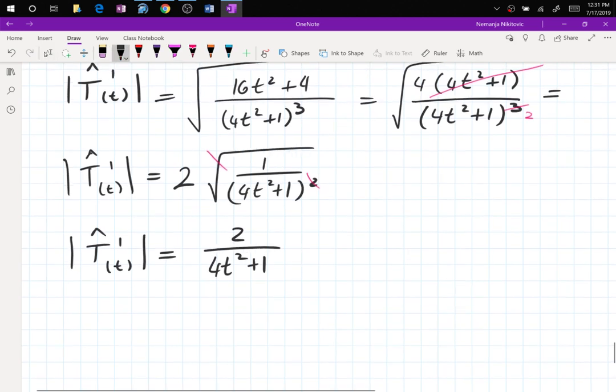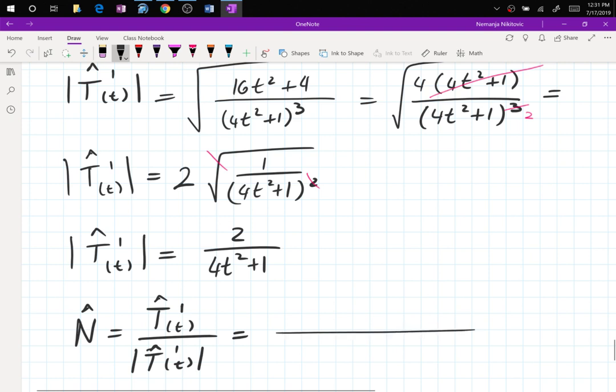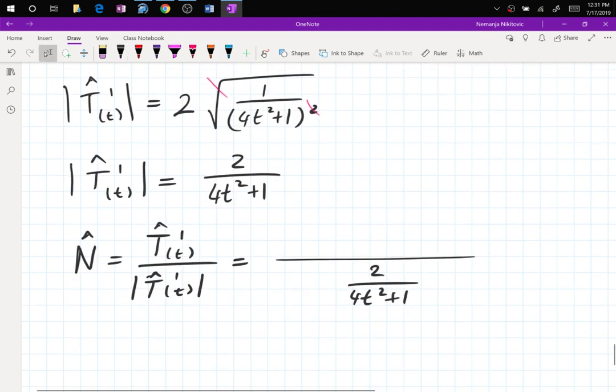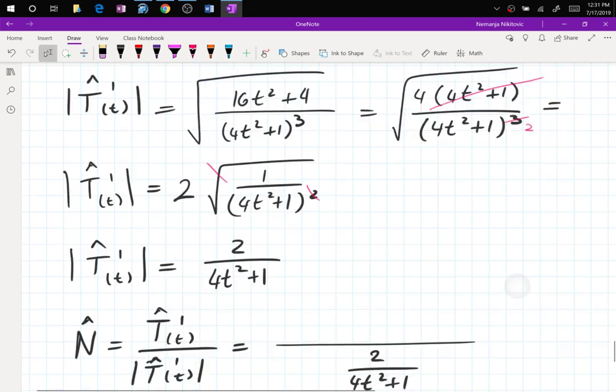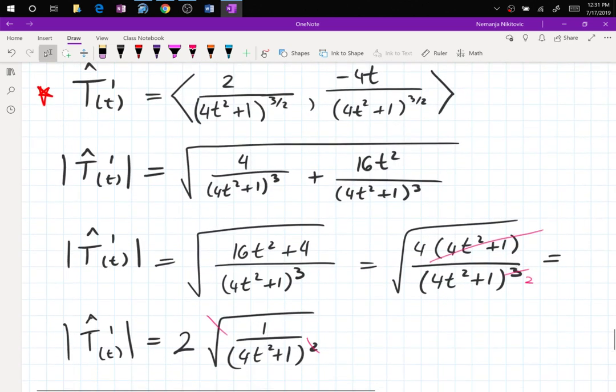So now N hat is T hat prime divided by the magnitude of T hat prime. Now we know that the T hat prime magnitude is 2 over 4t squared plus 1, right? So that's the easy part. Now I have to go up there where I had the star equation. There it is.